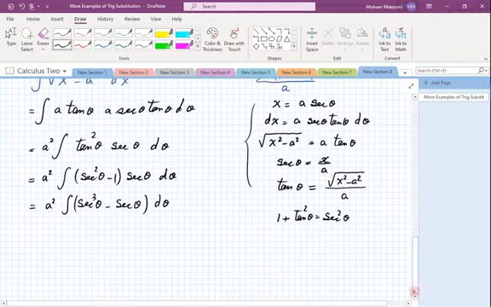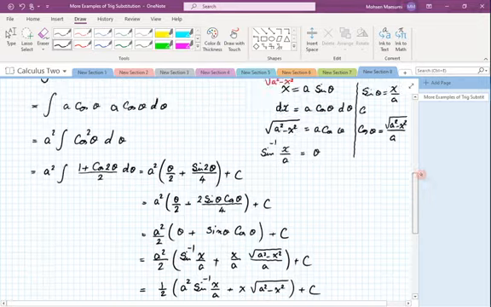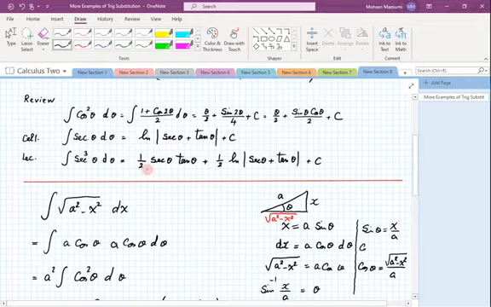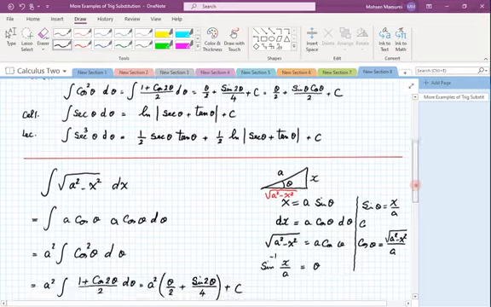So here, rather quickly, what we have is a squared times, so we had secant of theta tangent of theta. We had a factor of 1/2, so let me just put my 1/2 outside.